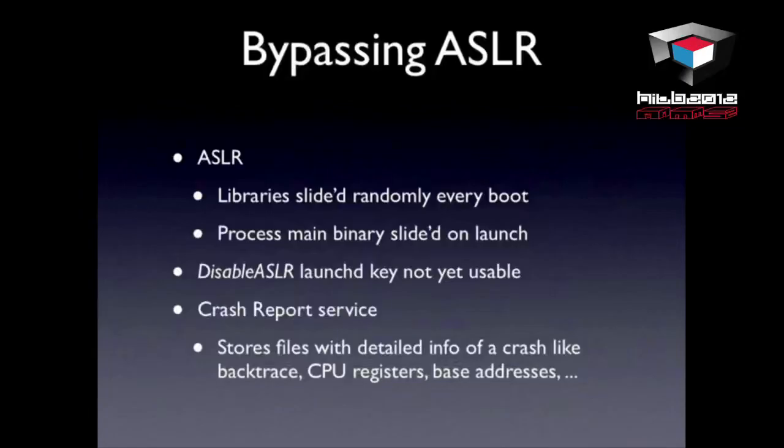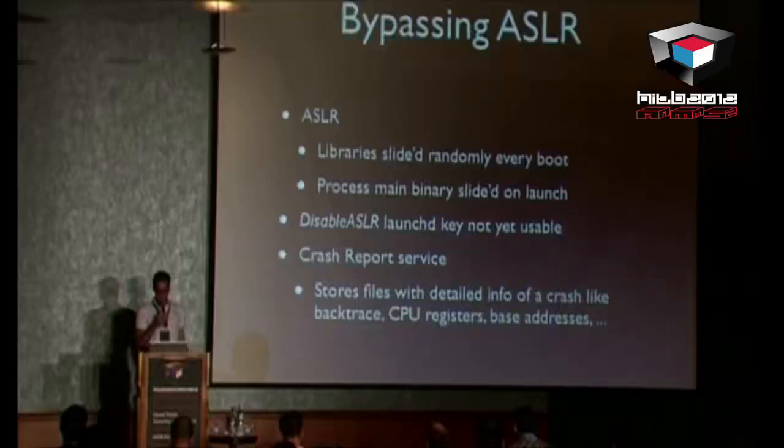Then, since we are on an A5 device, which does not have the limera1n exploit, we cannot set the disable ASLR launch key, because at this stage we did not remount the root file system writable, so we have no access to change this specific entry for the launch daemon. Now, to bypass the ASLR, we make use of a nice feature included in every iOS, which is called the crash reporting service.